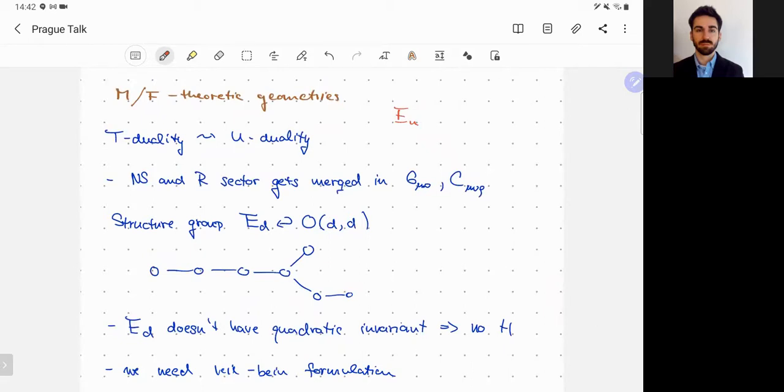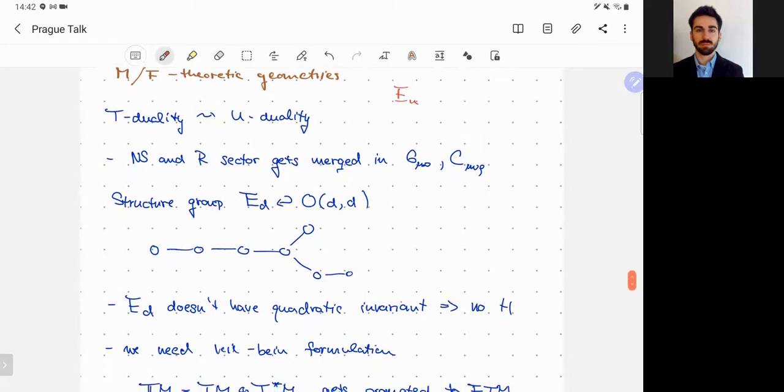You know that you can get 10-dimensional supergravity from M theory, or 11-dimensional supergravity, by dimensional reduction, by putting it on a circle and just taking the lowest modes. And this is hidden at the level of that structure group. It's hidden in the fact that this ODD of generalized geometry fits nicely into the ED group.